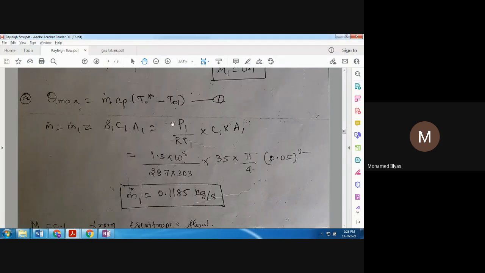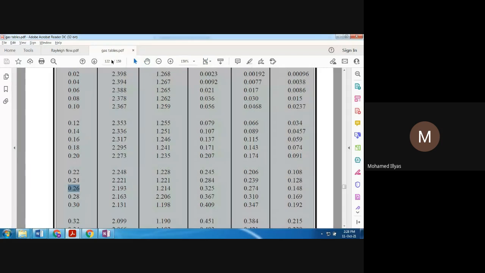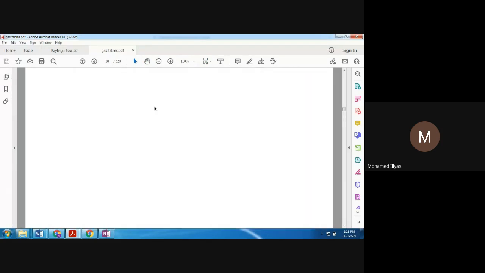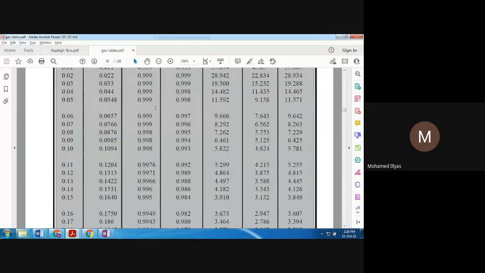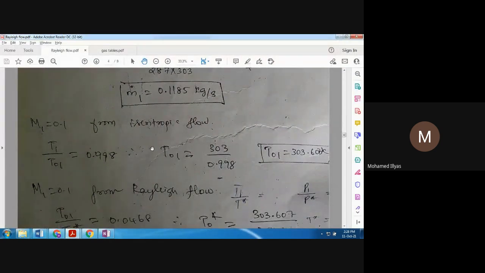And still we need T01 as well as T0 star here. So let us refer to our isentropic table to get our T01, because the stagnation temperature ratio is available only in the isentropic table. We'll take our isentropic table, which is at page number 38. Here we take our M1 as 0.1.